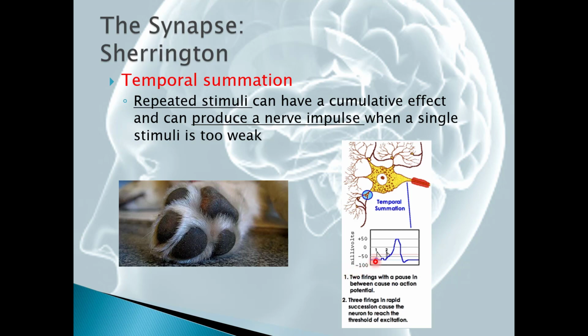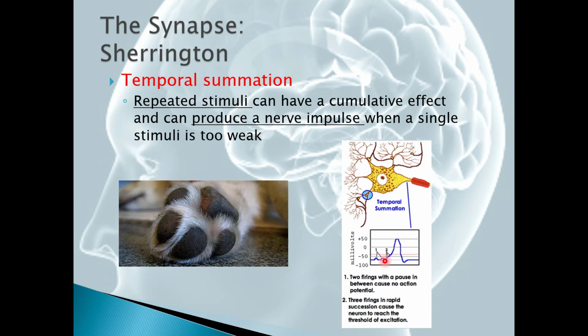So one stimulus, not enough. Because remember, this is threshold. This little faint line here is threshold. Here we're at resting membrane potential. So one weak stimulus, not enough to get it to threshold, no action potential. A second weak stimulus, not enough to get it to threshold, no action potential.